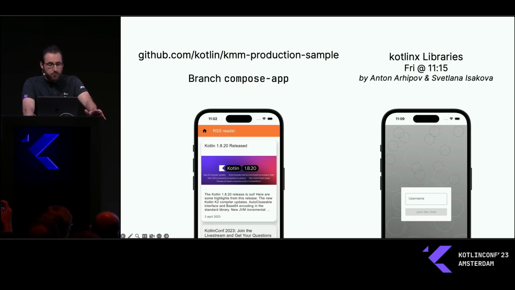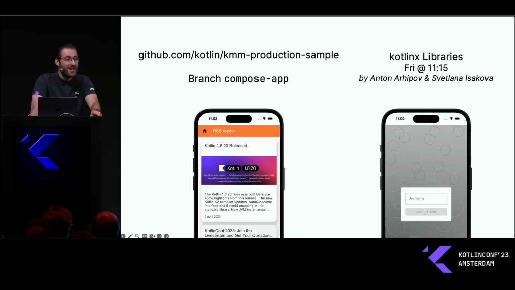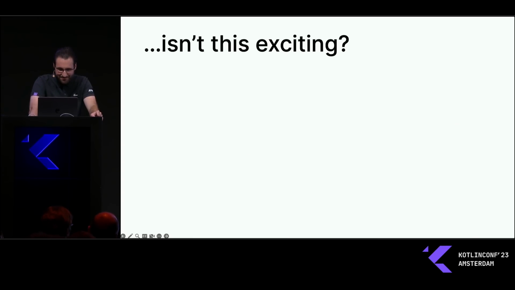These now also have branches for Compose implementations for the user interface, so you can see what the differences are and you can compare. And if you want to, stop by the talk of two of my colleagues on Kotlin X libraries, where you can learn about a lot of cool things, you'll also see a Compose multi-platform application there as one of their big demo projects.